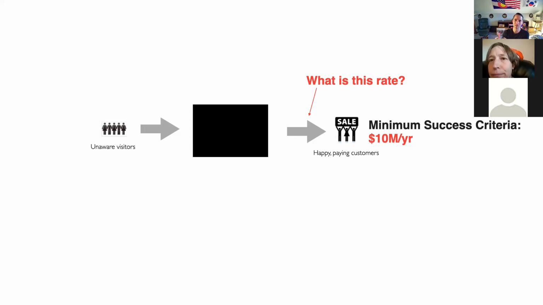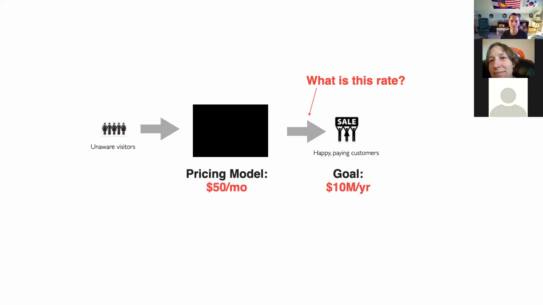But the question is, how many of those unaware visitors do we need to turn into happy customers to get that output? And so now we're talking traction. So let's take this model as an example. $50 a month, that's your pricing model. Imagine the lean canvas, the lower right of it is revenue, $50 a month, whatever the product is, $50 a month.